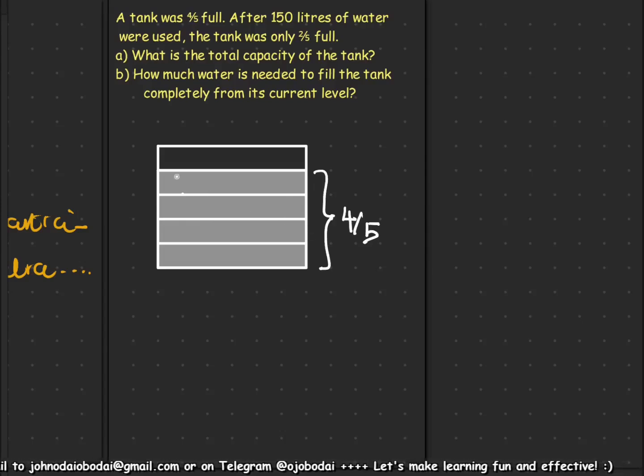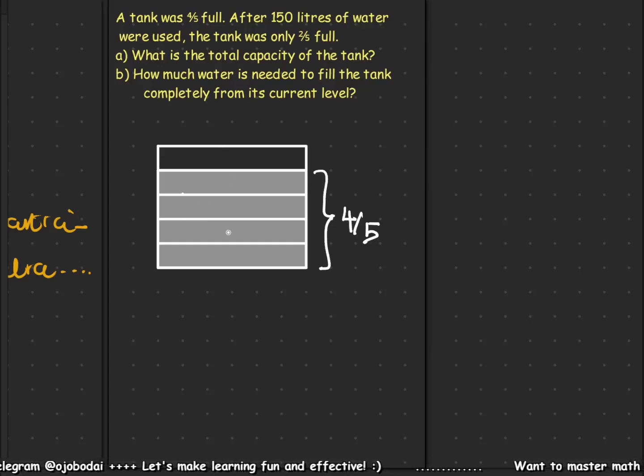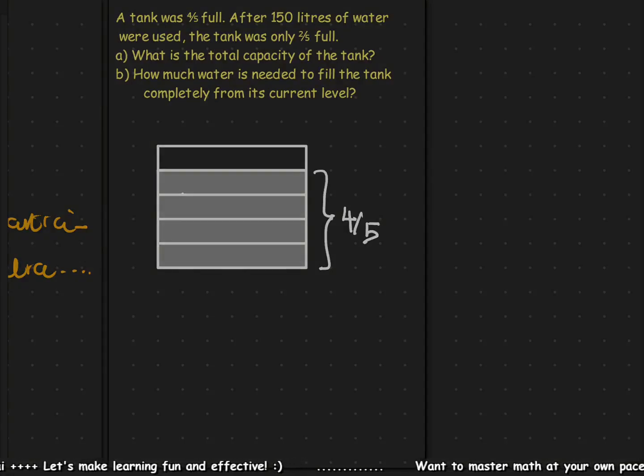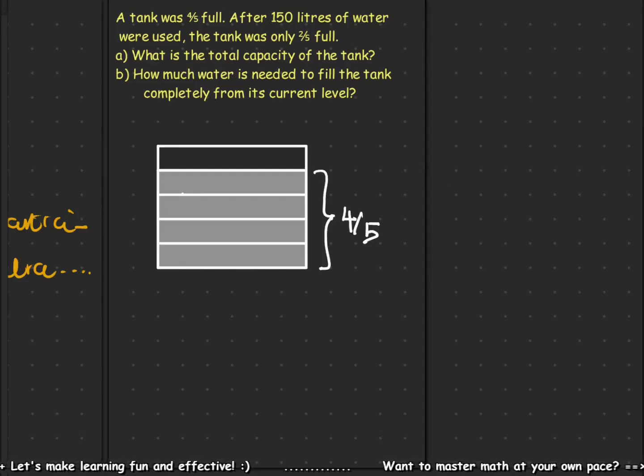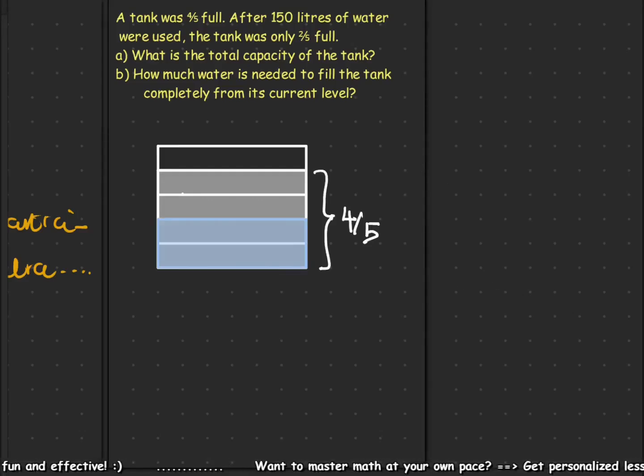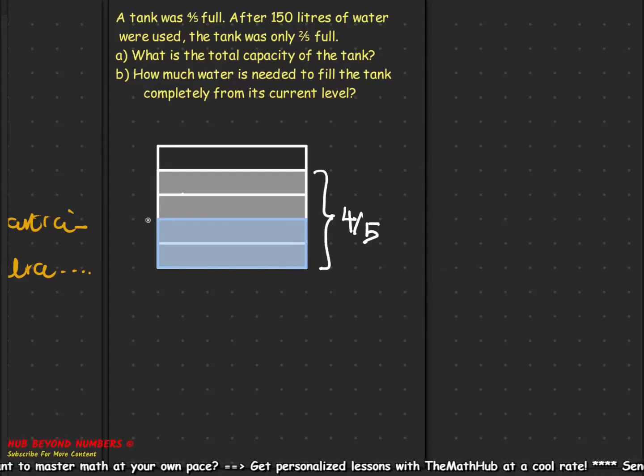Now the next part of the question is saying, after 150 liters of water were used, the tank was only 2 over 5 full. This is 1 over 5, 2 over 5, 3 over 5, 4, 5 over 5. So after someone came to fetch some of the water, we just had 2 over 5 full. So let's represent the remaining water. This here is our 2 over 5.